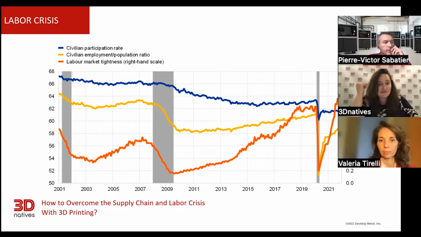Actually, if you see this graph here, which is from the European Central Bank on the US, it calculates the labor market tightness, which is defined as the ratio of vacancies to unemployment. And if you see starting from 2021, it sharply goes from a little more even to having significantly more vacancies than people who are unemployed. This is one of the things that AM and other technologies in Industry 4.0 is hoping to address.